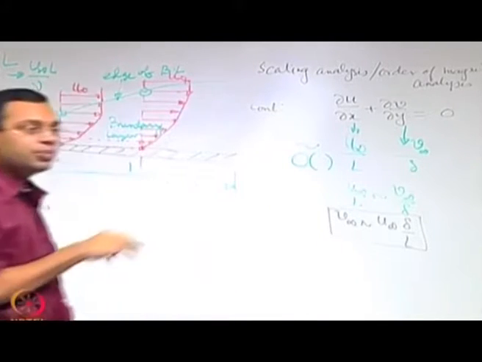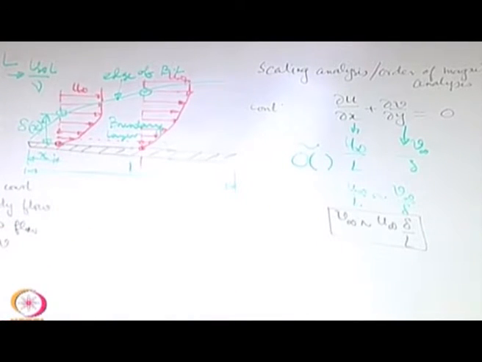But again, it may seem as if we are forcefully taking delta by L much less than 1. When there is a physical problem, say you are a person working in an industry, you are always entitled to say that I do not understand what is delta. How from the system parameters can I tell whether delta by L is much less than 1 or not?